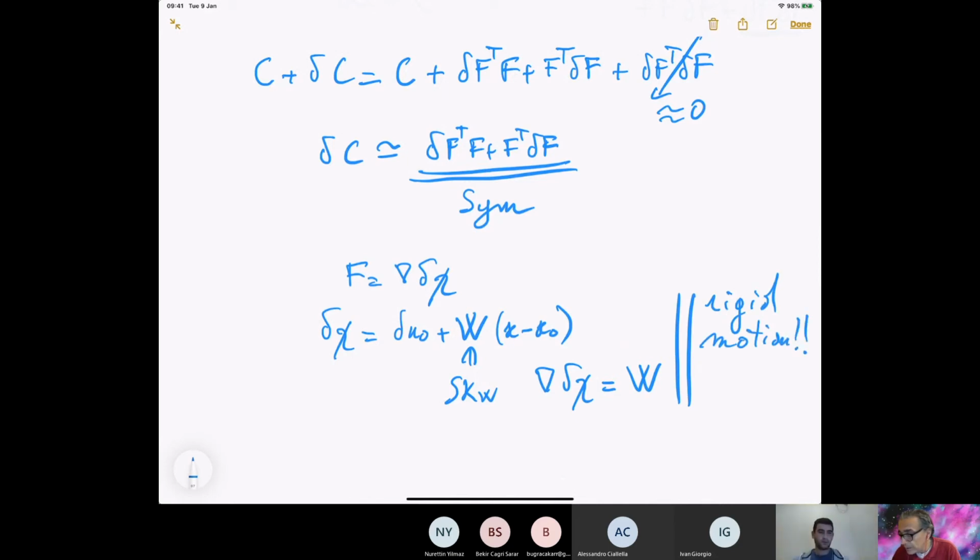So I can replace a skew symmetric F inside here, and this is clearly equal to 0, because this is symmetric.